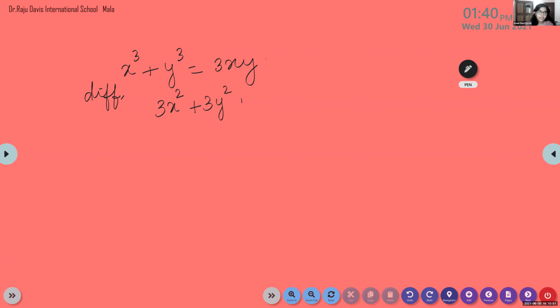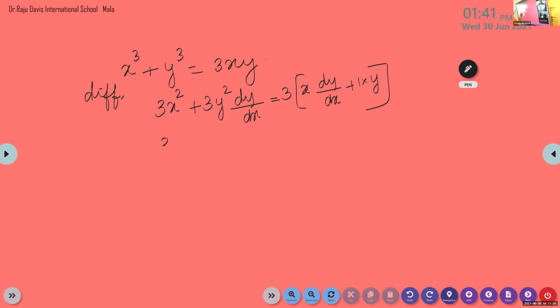3y square into dy by dx equal to, here look at 3xy, 3x into y, we have to use the product rule. 3 being a constant, we can keep it outside. I am going to differentiate xy using the product rule. So x into derivative of y is dy by dx plus y into derivative of x, which is 1.